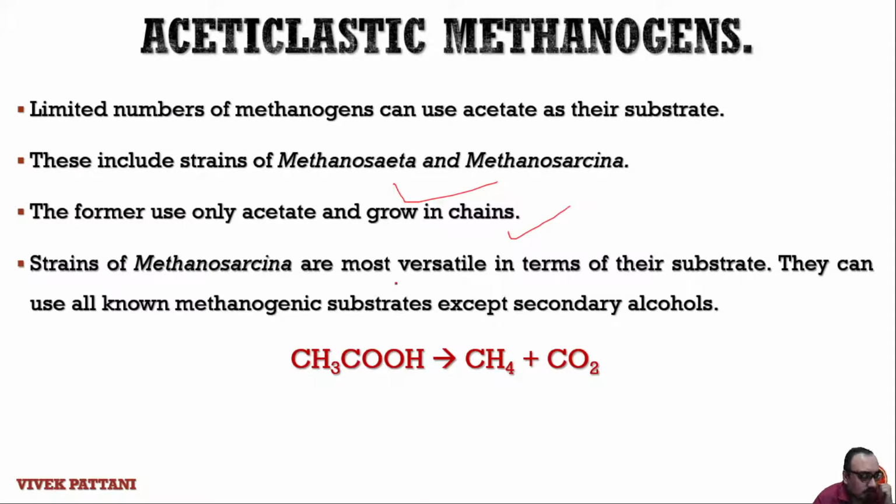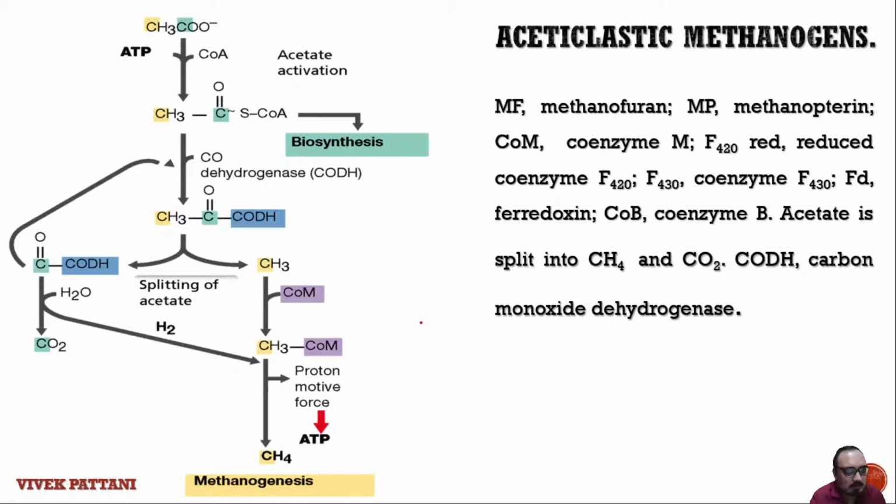The strains of Methanosarcina are the most versatile in terms of their substrates, and they can use all known methanogenic substrates except secondary alcohols. This is a representative reaction where acetic acid is converted into carbon dioxide and methane. Now moving forward with the mechanism of the acetoclastic ones.